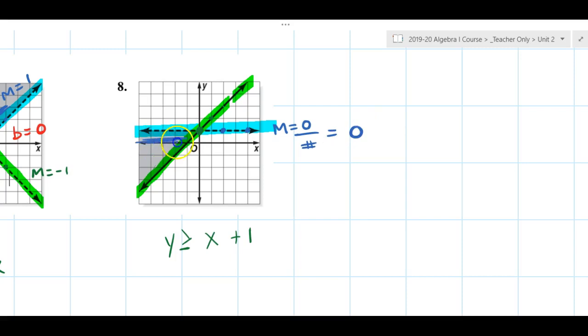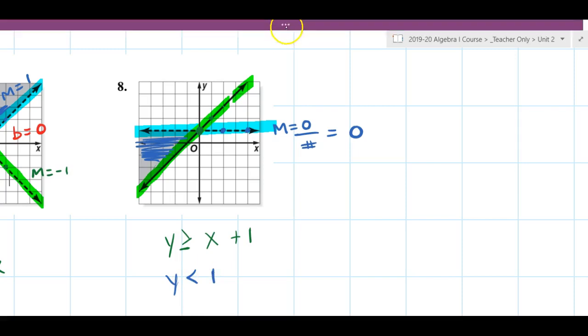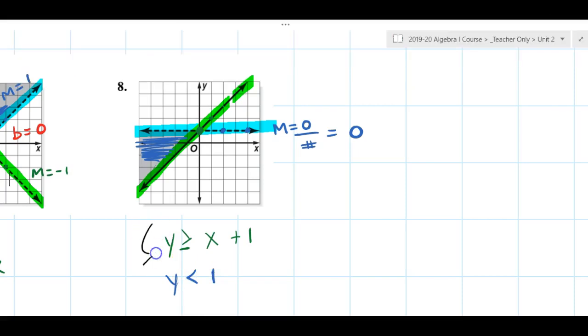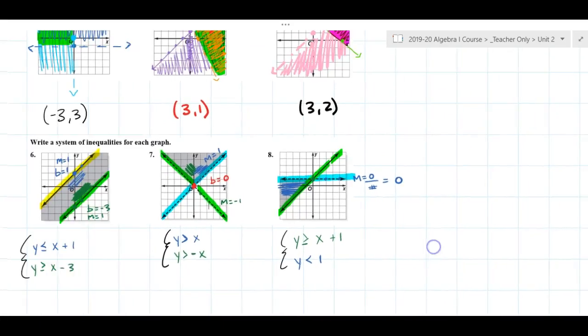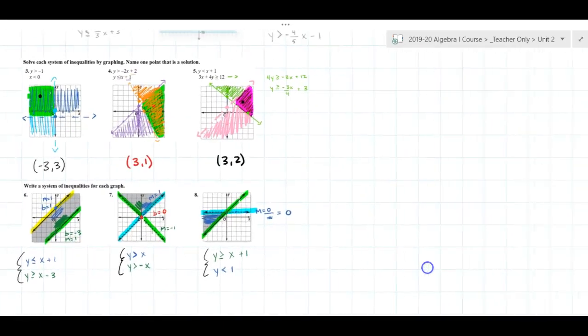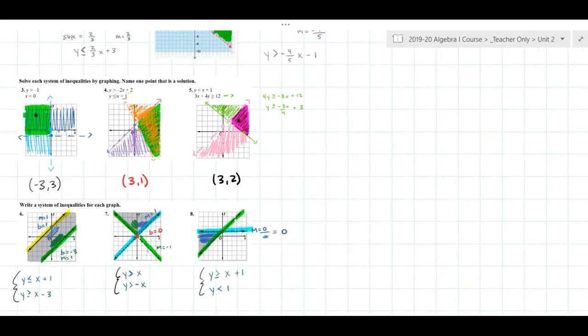The shading is below this line, so the equation is y is less than 1. And we have our system of inequalities. Notes, finish.